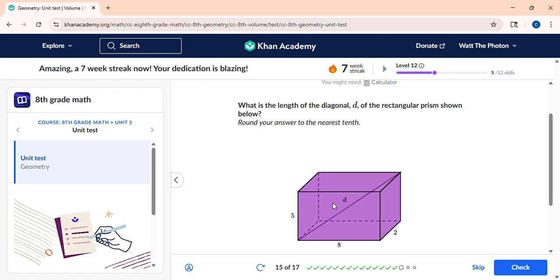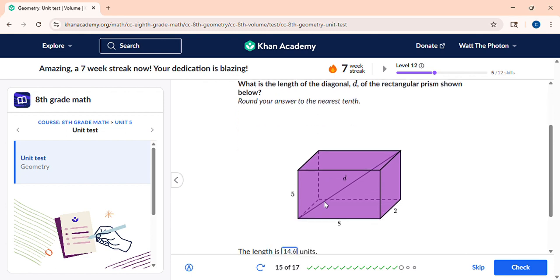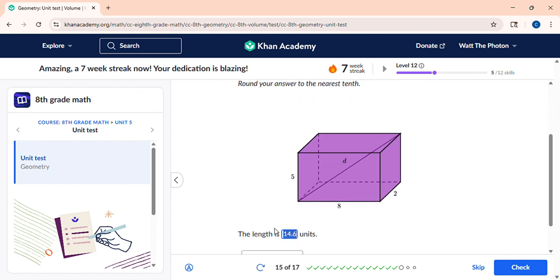It would be 25 plus 64 plus 4. The square root of 93. I think that'd be it. 9.6. Yeah.